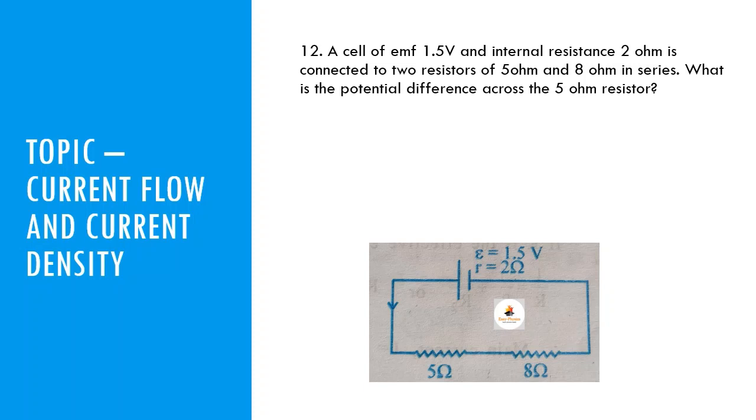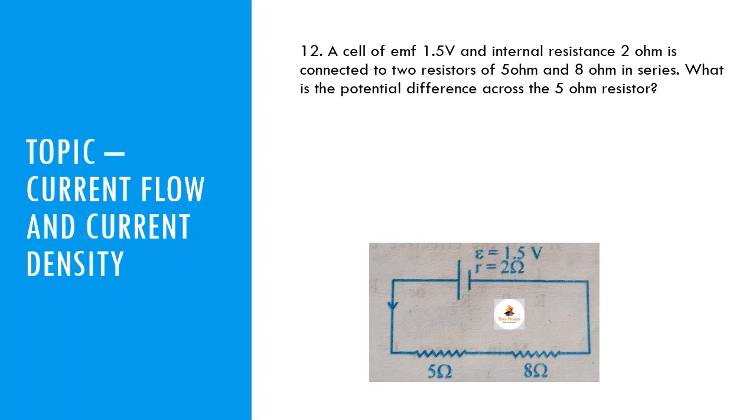Question number 12. A cell of EMF 1.5 volt and internal resistance 2 ohm is connected to two resistors of 5 ohm and 8 ohm in series. What is the potential difference across the 5 ohm resistor?